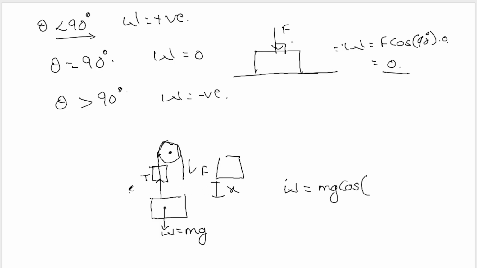That means displacement is in the upward direction and force is acting in the downward direction, and the angle between them is 180 degrees, that is pi, into displacement x. So W equals minus mgx. So we can say this is the negative work.